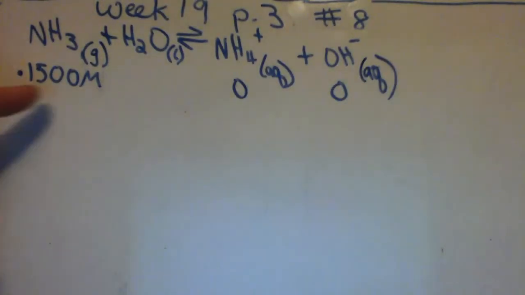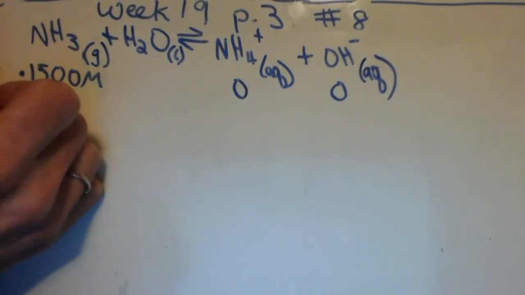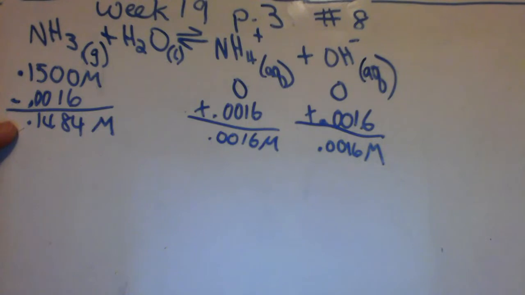So here's the initial concentration of ammonia, 0.1500 molar. We know that as it dissociates, it will become smaller, so we're going to subtract the concentration of hydroxide that's been given to us. We get 0.1484 molar of ammonia at equilibrium.